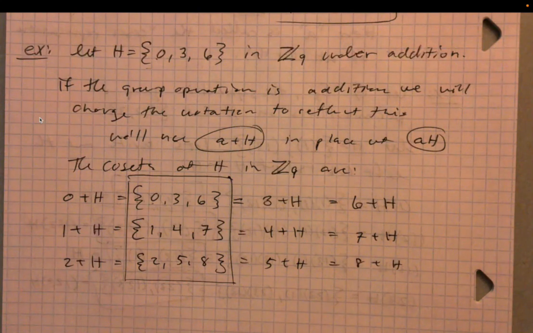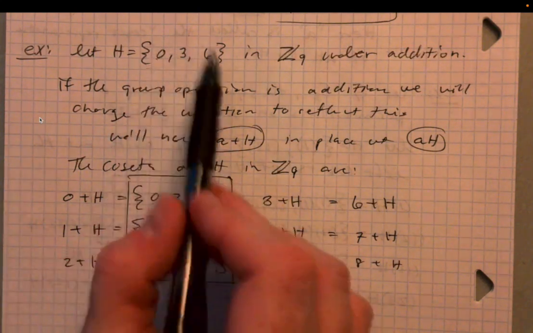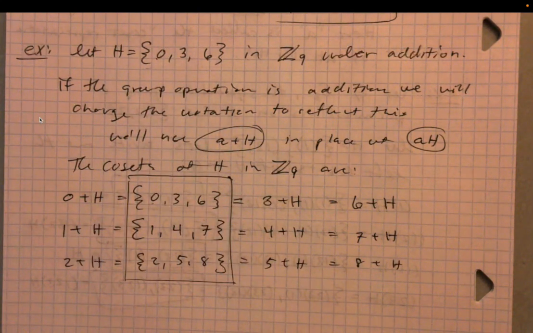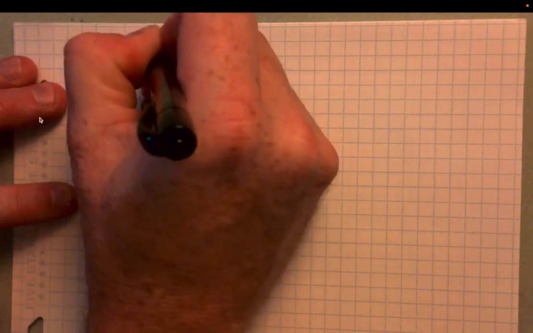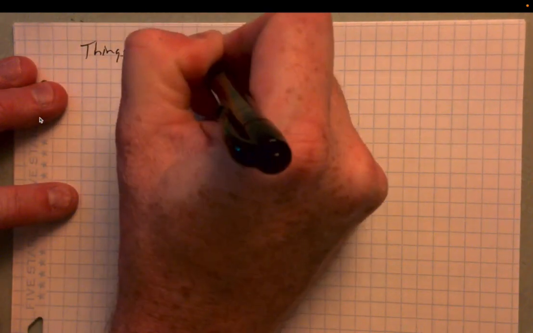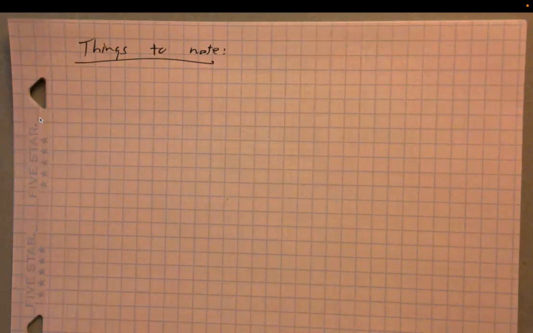Now notice H is a subgroup. You have closure here. All right, very good. Now, things to note. We'll get into some properties in a second, but just a few things worth drawing out because they are frequently sources of confusion when people are first wading into this area of algebra.